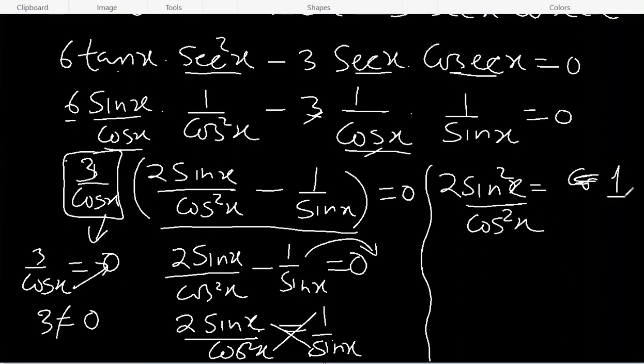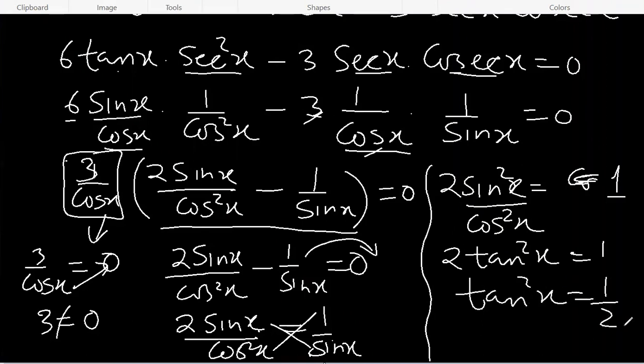And we get here simply 2 tan squared x equal to 1. Tan squared x equal to 1 over 2, and square rooting both sides, we get tan x equal to plus and minus 1 over square root 2.